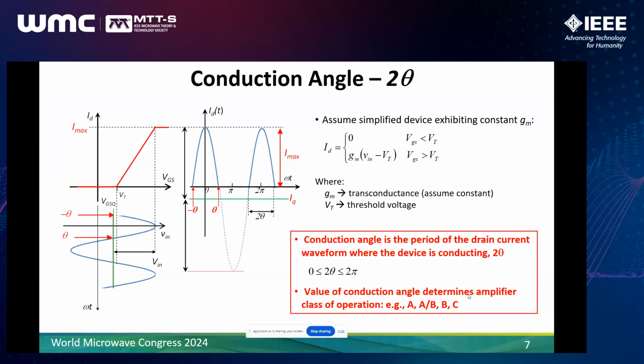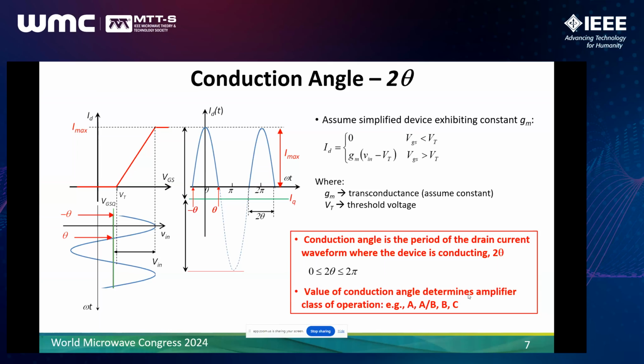We can bias it above or below the threshold. And when we apply the input driving voltage, it'll create a current pulse or perhaps a complete current sinusoid. So the conduction angle is defined as that period where the current is on, where the device is conducting, from minus theta to theta, where I have the response centered around t equal 0.